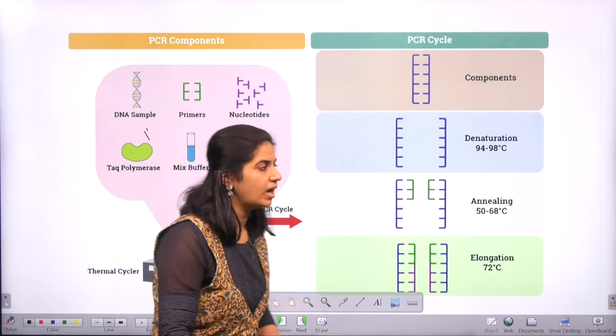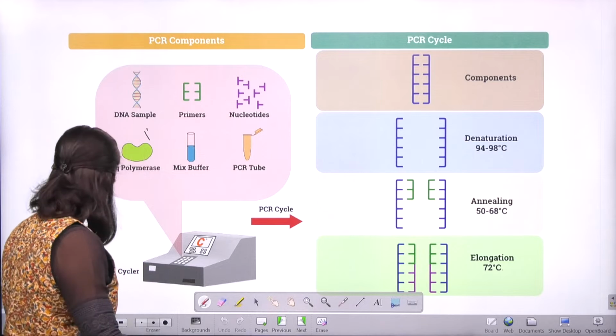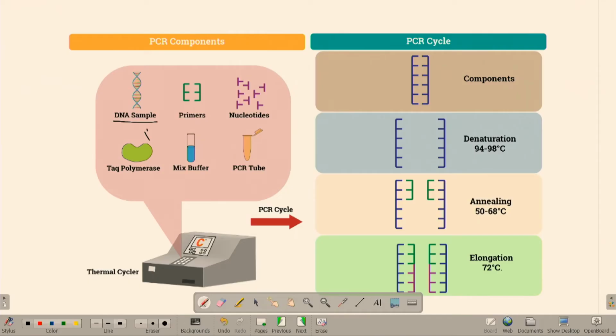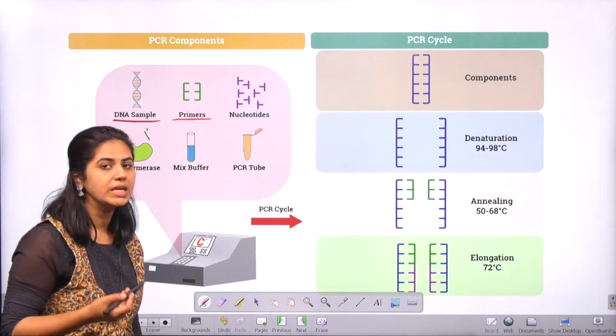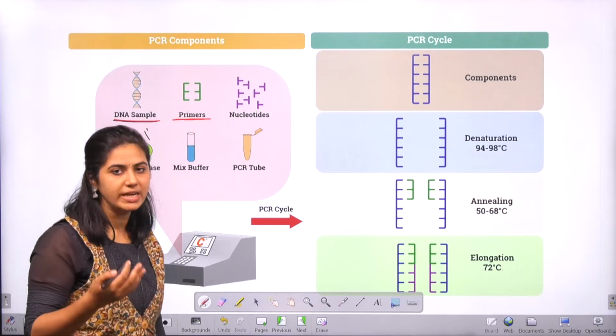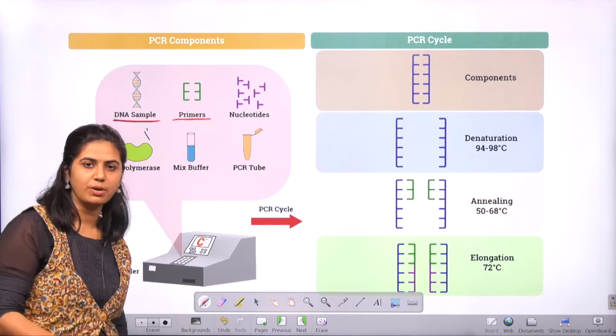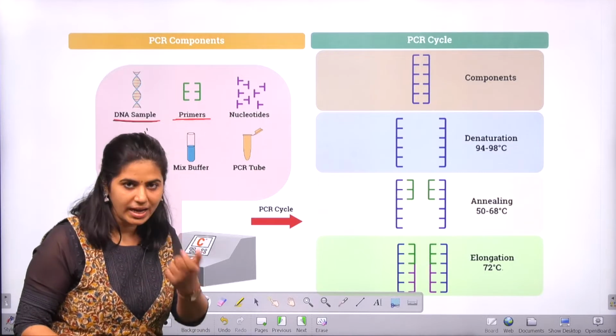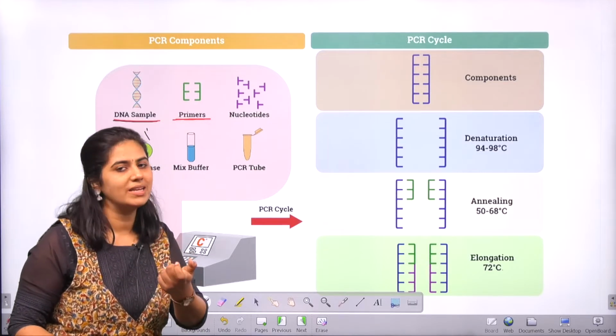So in PCR, the components that we need are, definitely, a DNA sample, right? Then we need a primer. In DNA replication, we know what all we need: a DNA template, a primer, DNA polymerase, ligase and all. Similarly, here we are going to replicate the piece of small DNA that we have got.